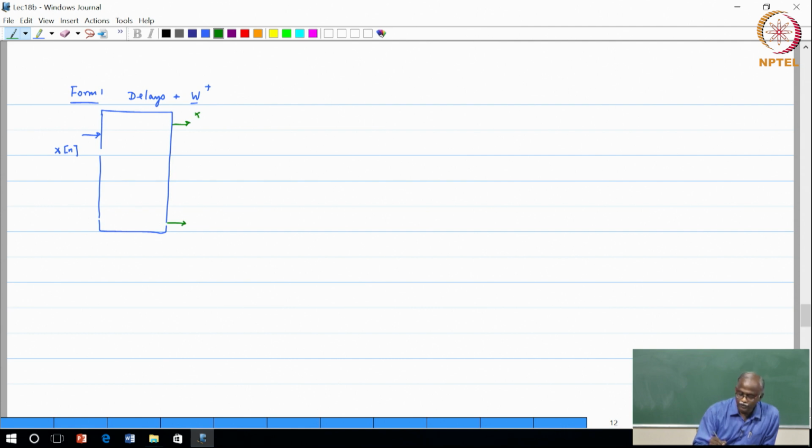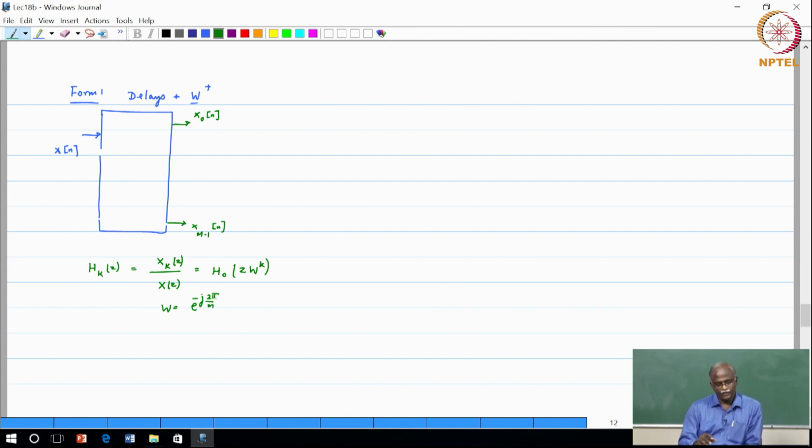The labels on them are x sub 0 of n through x sub m minus 1 of n, and the transfer function H k of z between the input X of z and the output X k of z is nothing but H naught of z W^k, where W is W subscript M equal to e to the power minus j 2 pi over M. So, this is form 1 which we have studied.